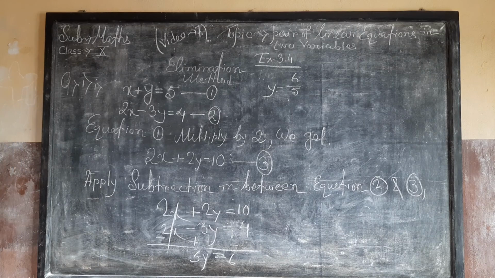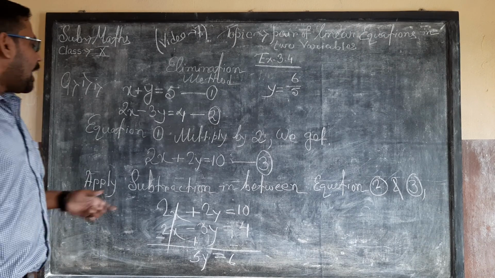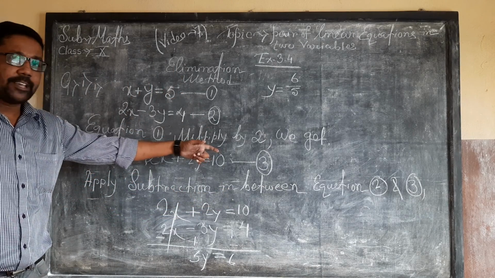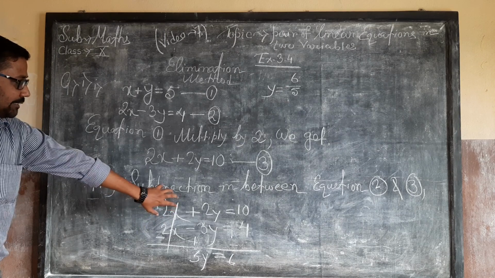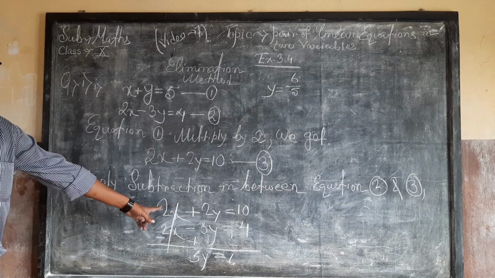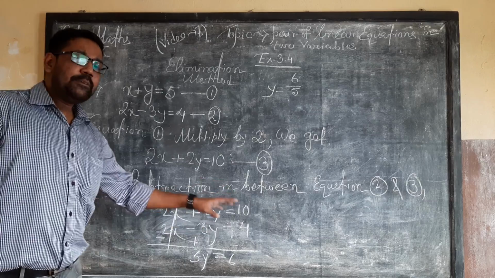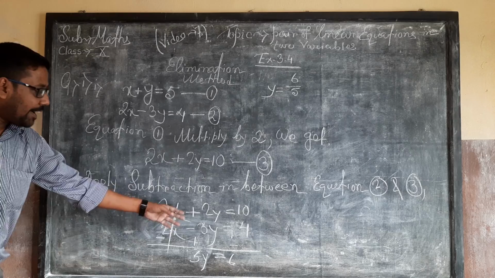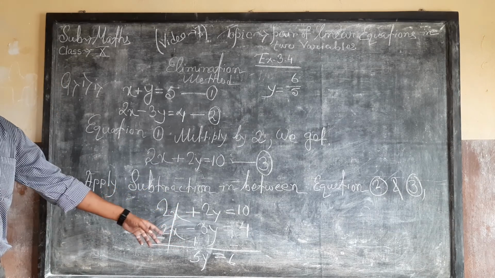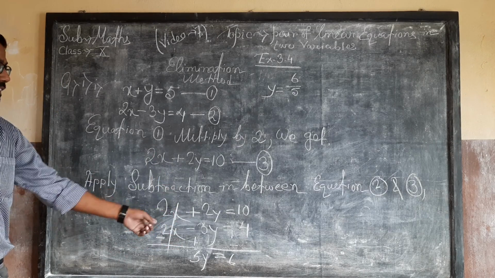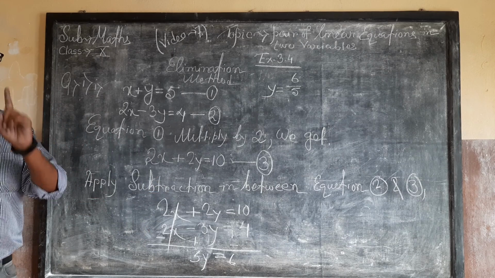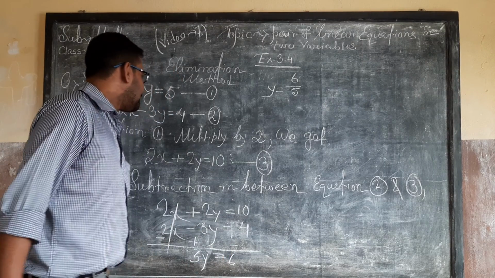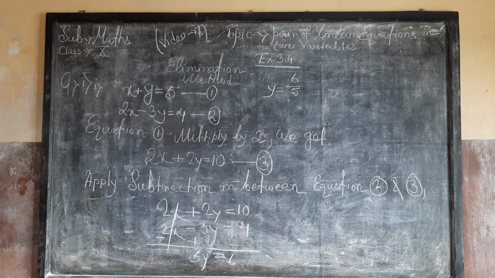After performing the subtraction between equations 2 and 3, one variable, that means the variable x, is eliminated from both the linear equations, and the final result is also a linear equation, but this time it contains only one variable, that is 5y is equal to 6.